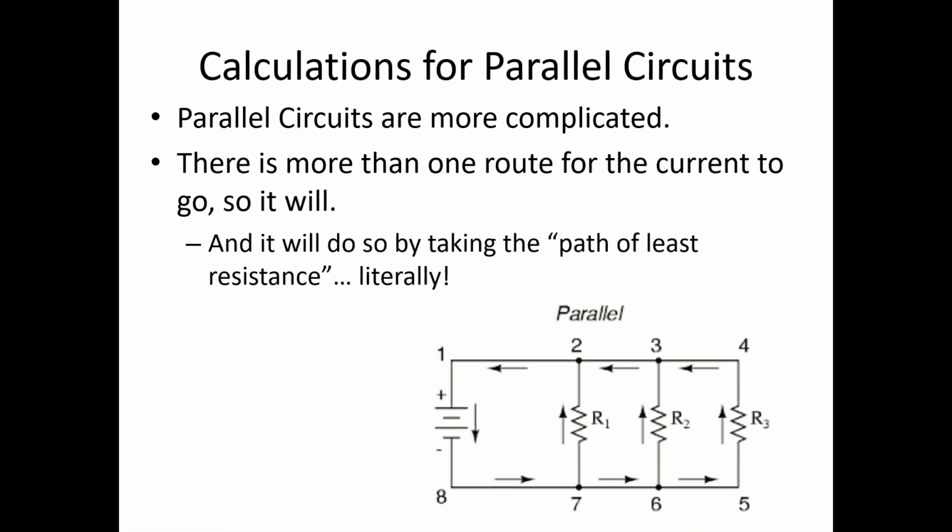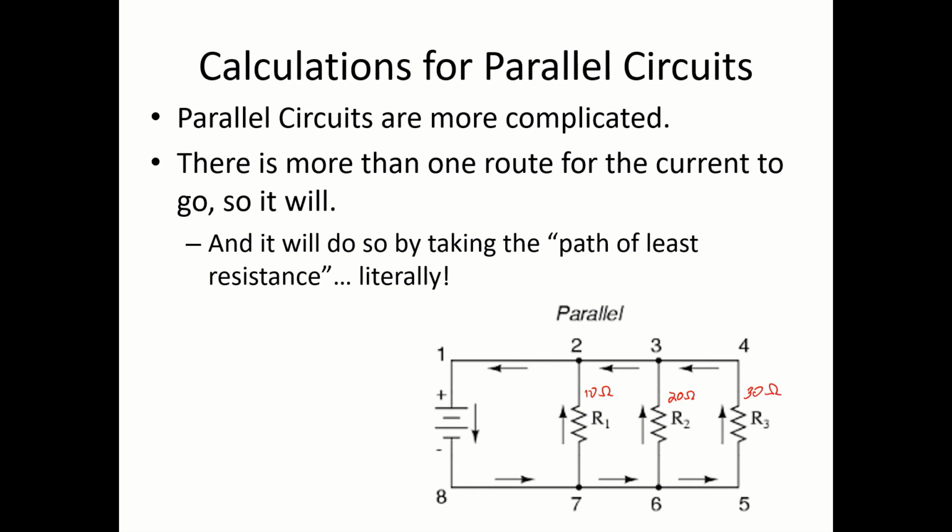Parallel circuits are a little bit more complicated because the electrons, this is where the phrase comes from, will literally try to travel through the path of least resistance. Meaning, if I've got 3 resistors here, R1, R2, and R3, and R1 has a value of, I'm just making things up here, 10 ohms of resistance, R2 is 20 ohms of resistance, and R3 is 30 ohms of resistance.